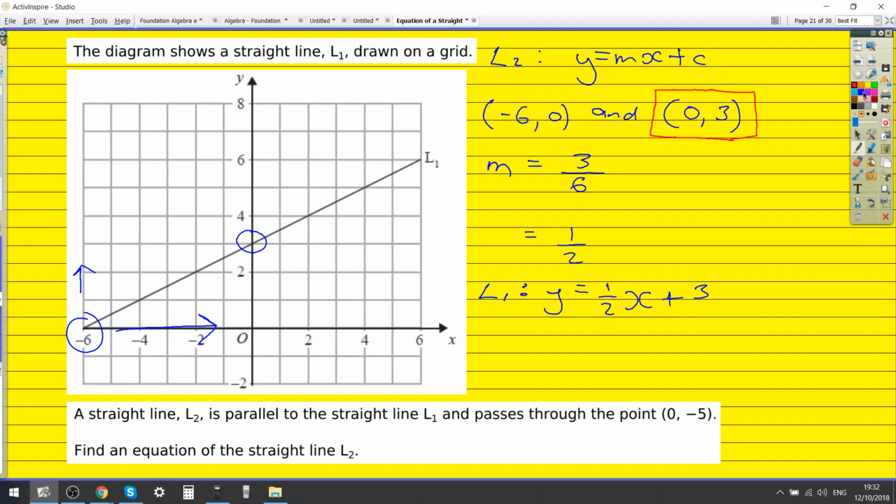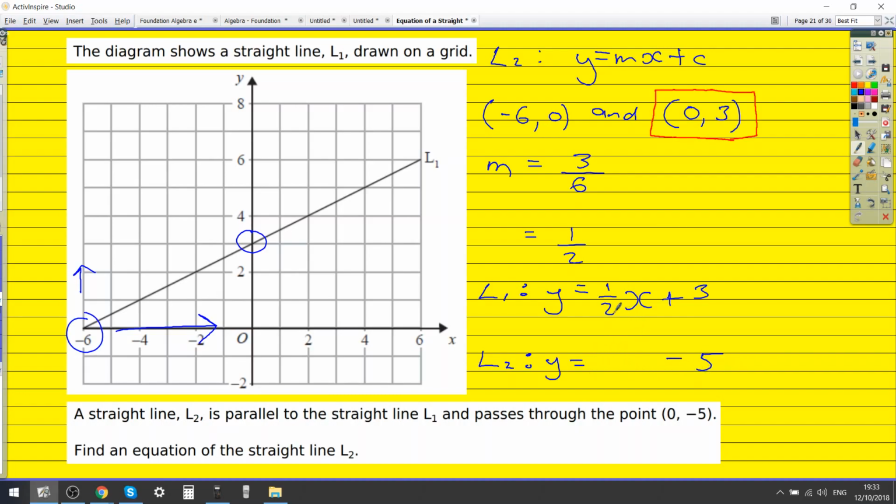So for our L2, is there anything you know about it? C is minus 5, yeah.